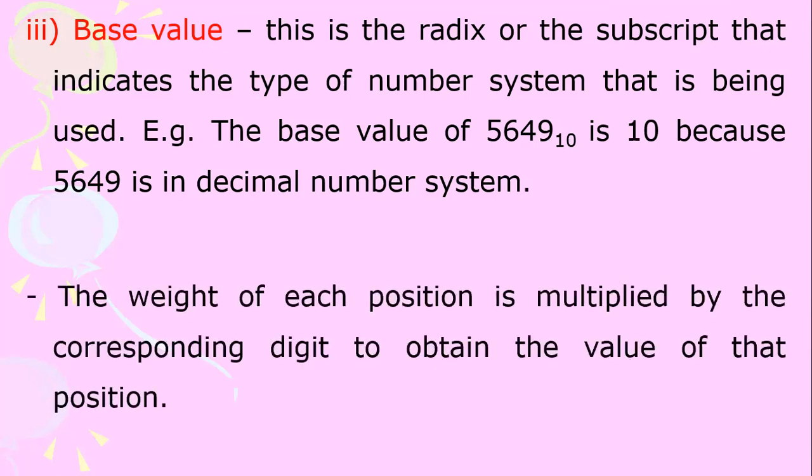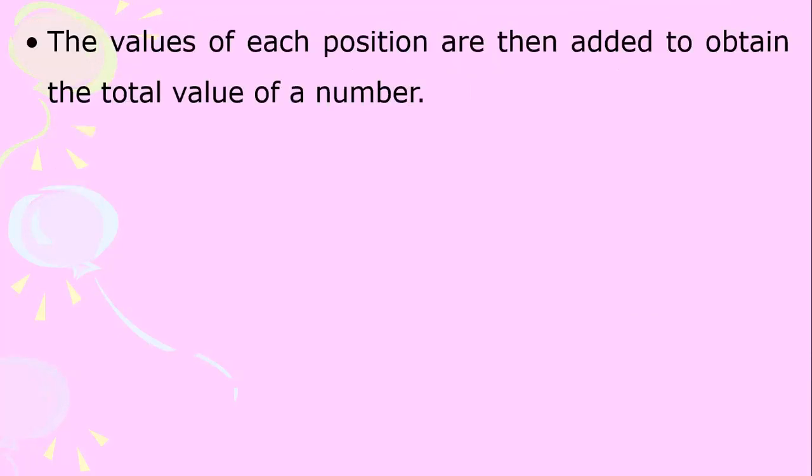The weight of each position is multiplied by the corresponding digit to obtain the value of that position. The values of each position are then added to obtain the total value of a number.